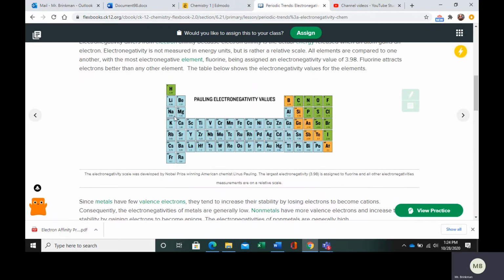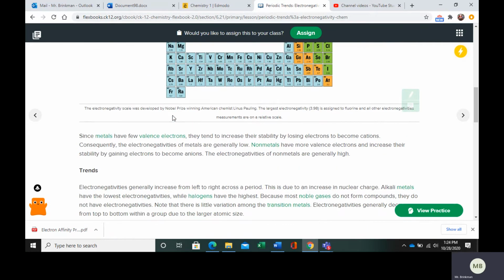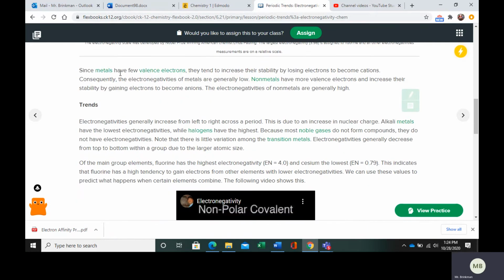So this is a table. This shows all the electronegativity values. Metals don't have a lot of valence electrons. So to get more stable, to get closer to that noble gas configuration, they are going to lose electrons and become cations.